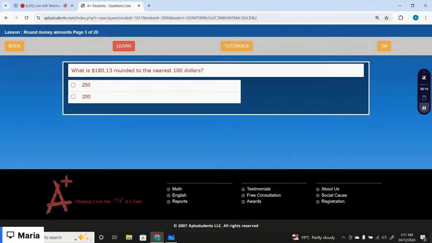What is 180.13 rounded to the nearest $100? Which is the correct option?